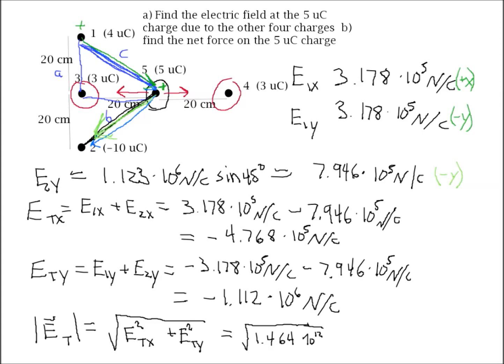And then when you take the square root of that number, you get 1.211 times 10 to the 6 newtons per coulomb. And that is part of our final answer for part A, although we still need to find the direction.